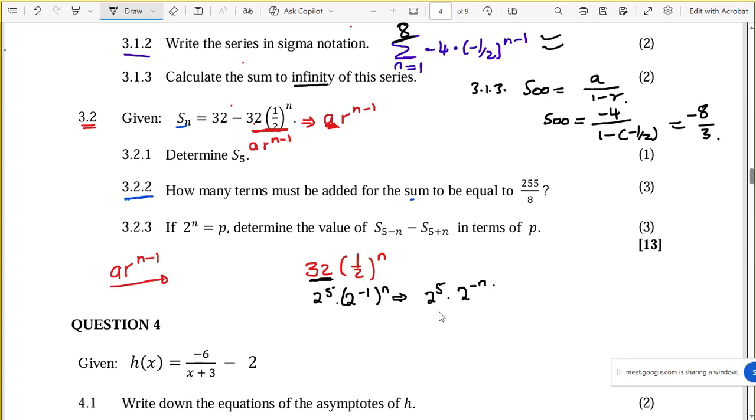Okay, this is not working. I need to create minus 1. How can I create minus 1? When I add the like terms, this will be 2 to the power minus n plus 5. You see, this is not giving minus 1.